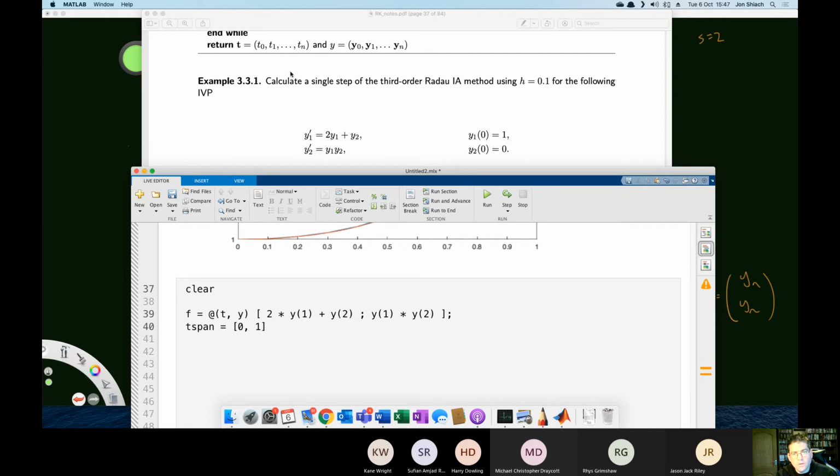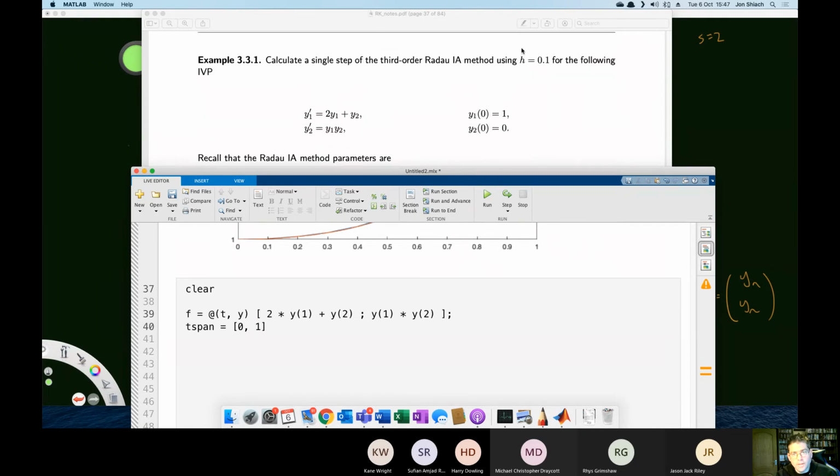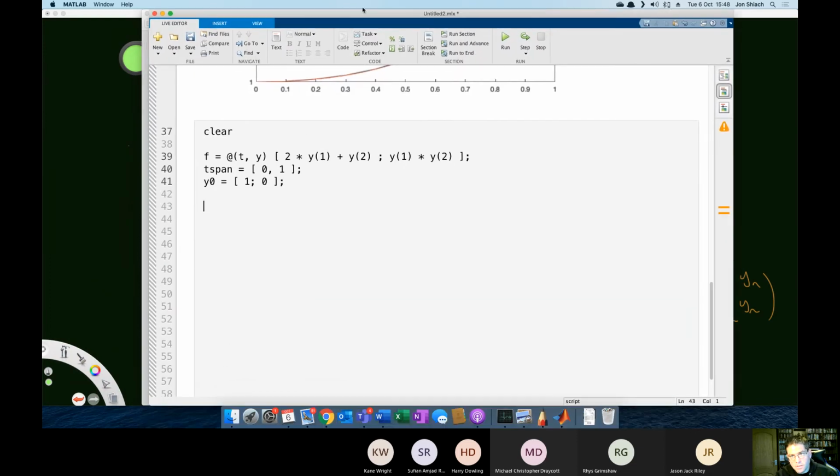I haven't actually got a t-span there because I was only doing the first term, and we're using h as 0.1. Actually, I'm going to let MATLAB decide what h it wants to use. Y0 was 1, 0. Okay, so what I'm going to do is use ODE23, which is an implicit method, to solve that.